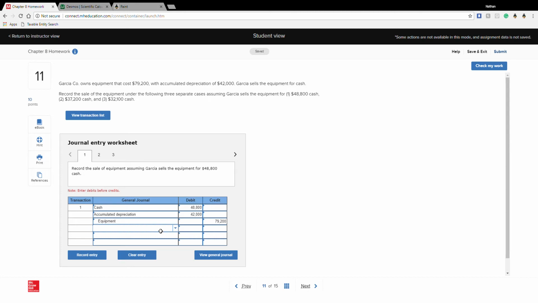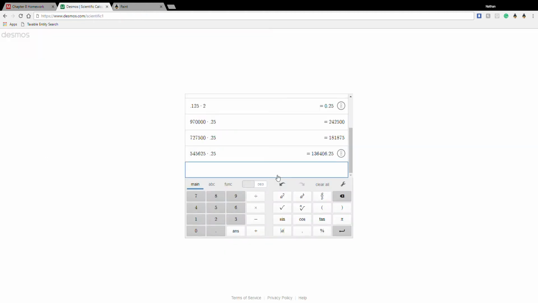But if you look at this, definitely does not look like it's in balance right now. Debit is outweighing the credits. If I have to, just add the two numbers. So 48,800 plus the 42,000.